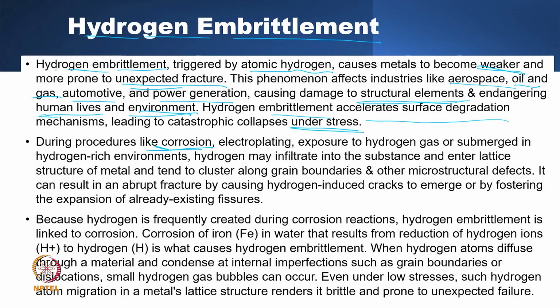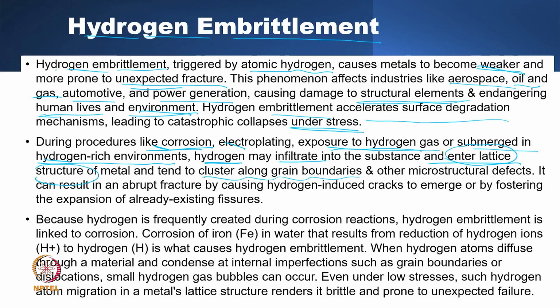So, it comes in during corrosion, electroplating, and sometimes there is exposure to hydrogen, or a hydrogen-rich environment where the product is kept for a longer time. In this situation, what will happen is that this atomic hydrogen will infiltrate through the substance, and the major problem is that it will enter the lattice structure of the metal and get closer to the grain boundaries.